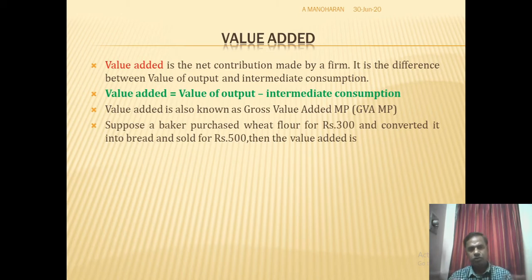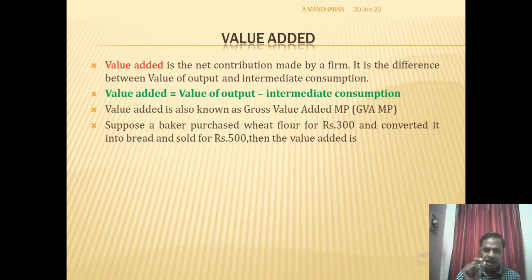For example, how to calculate the value added? Suppose a baker purchased wheat flour for rupees 300. A baker purchased wheat flour for rupees 300. And he converted this wheat flour into bread and sold it for rupees 500.